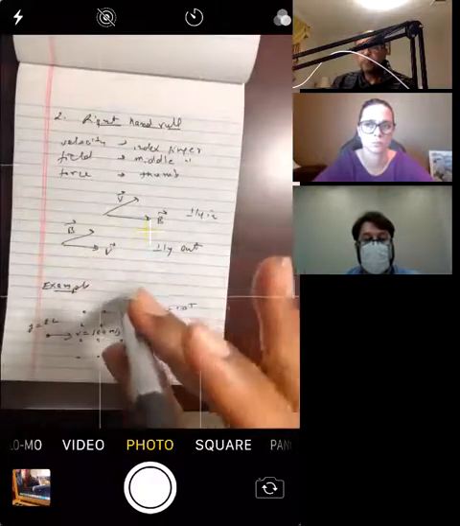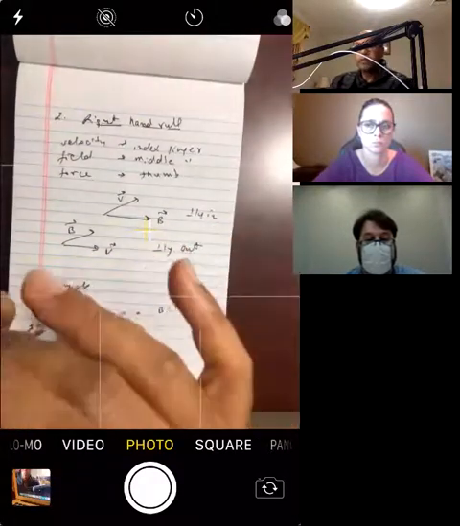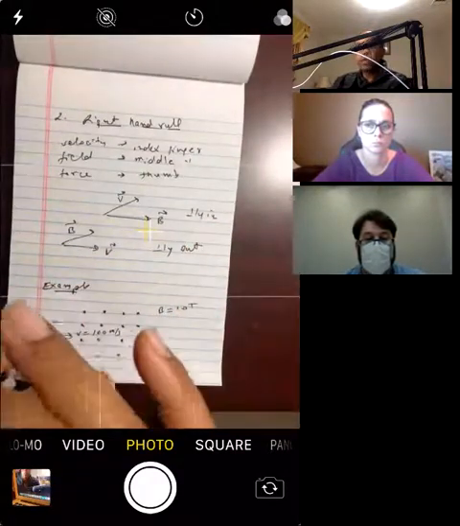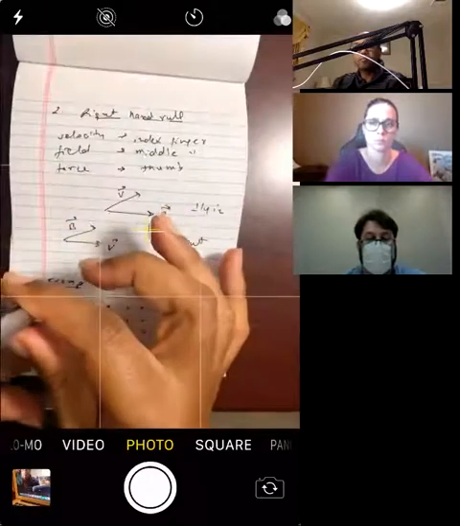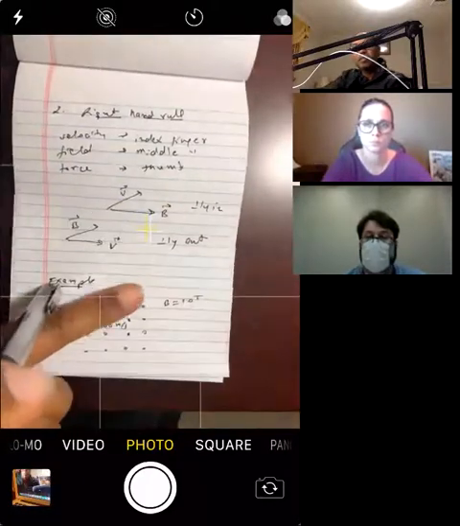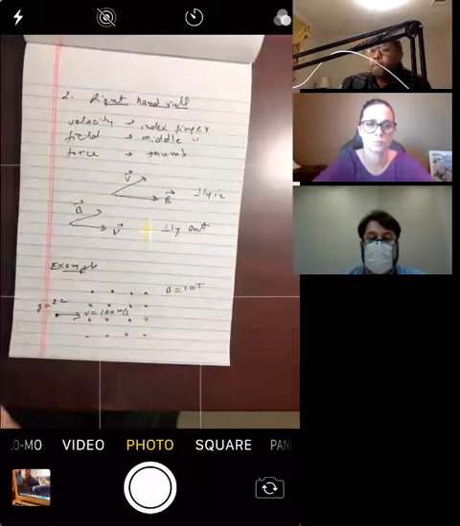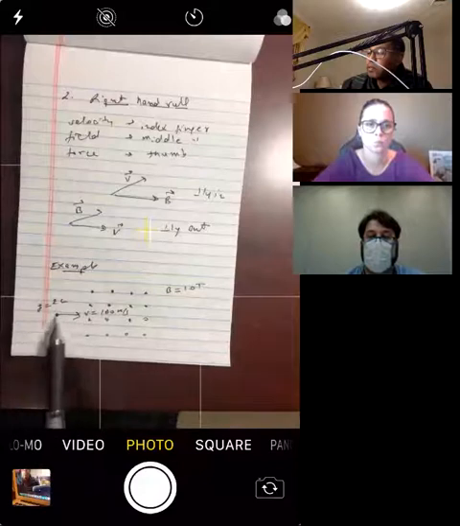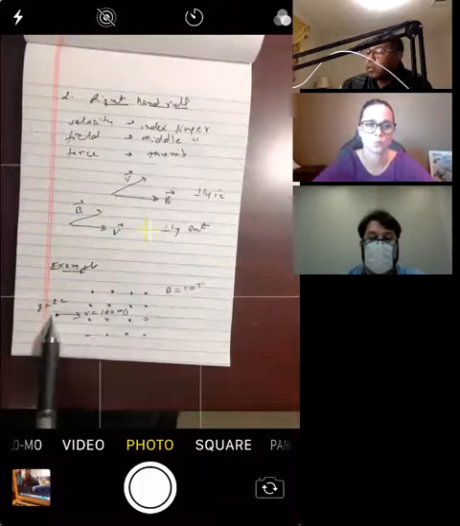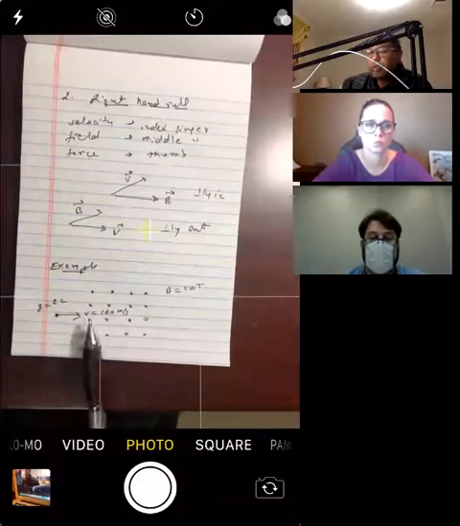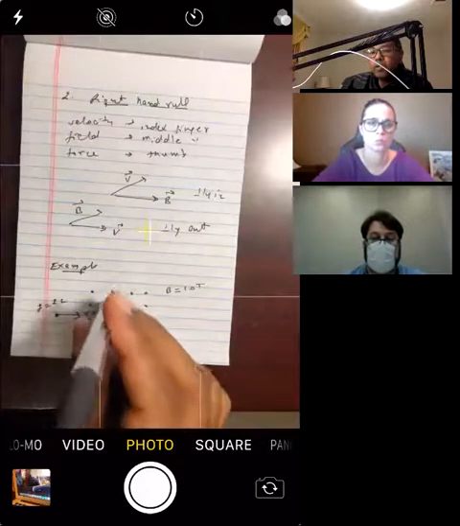You see, the field is perpendicularly out, but the velocity is to the right. So what's the angle? 90 degrees. This is the velocity, this is the field. What's the angle between them? The velocity is parallel to the paper, to the right, but the field is perpendicular to the paper.